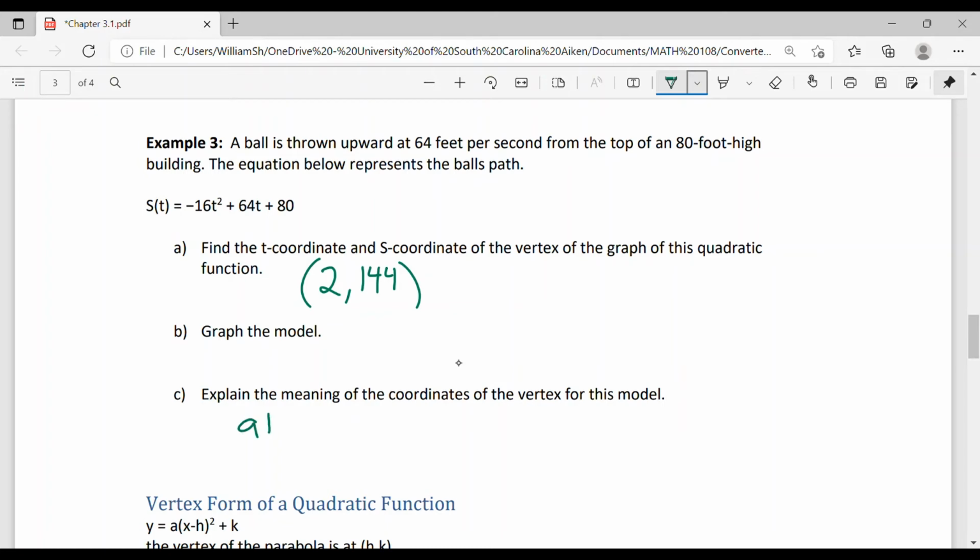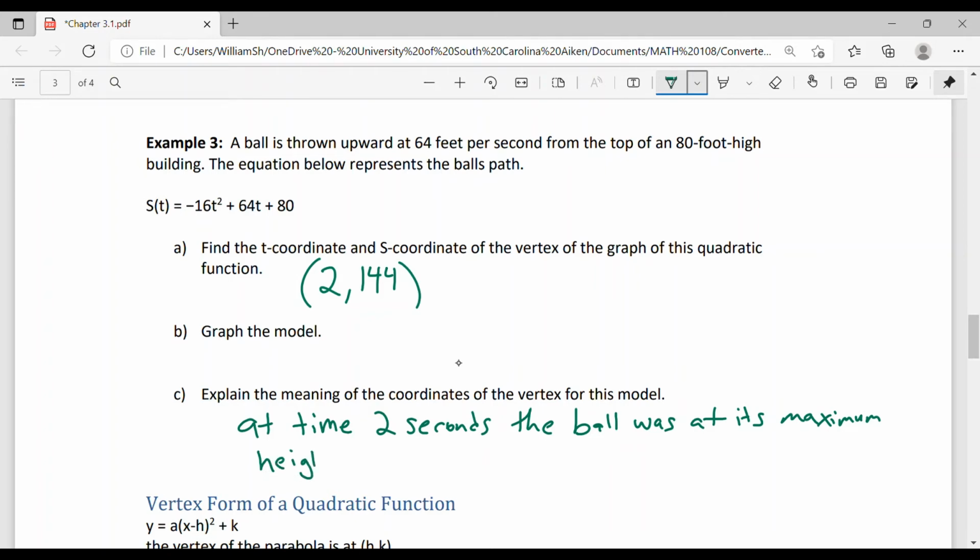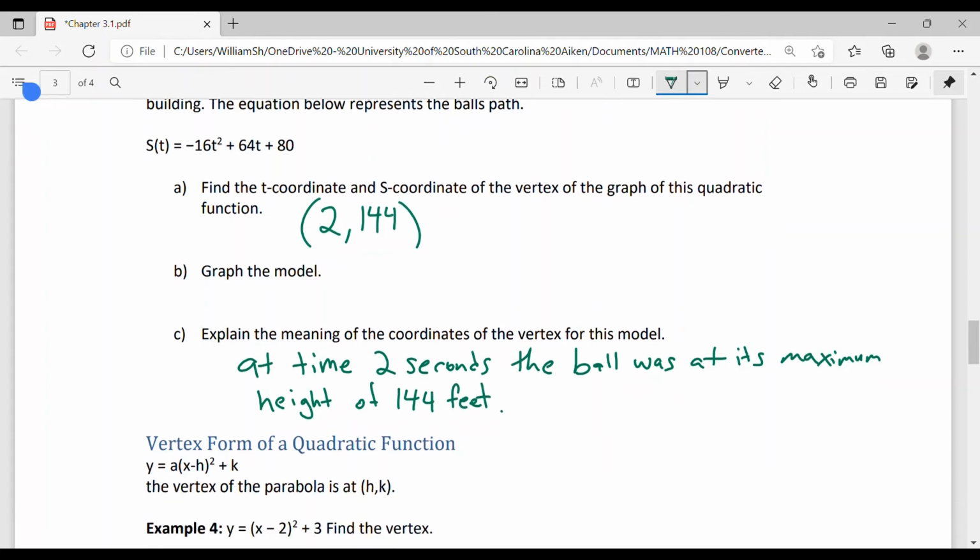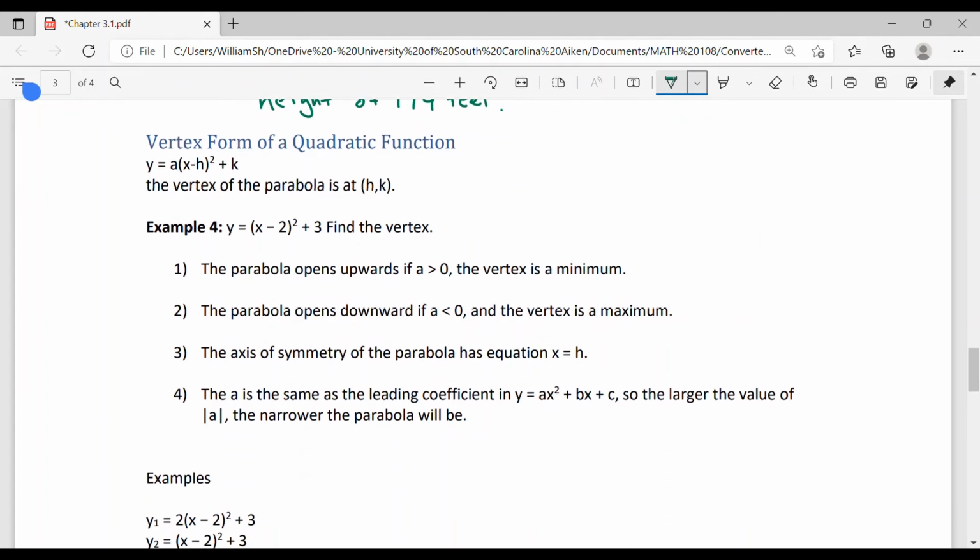So at time 2 seconds, the ball was at its maximum height of 144 feet. Pretty simple.